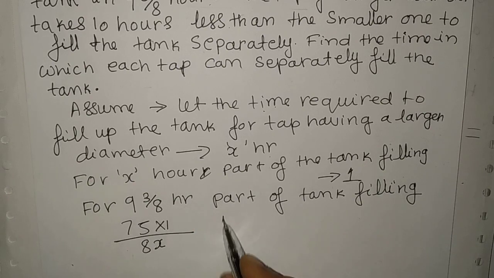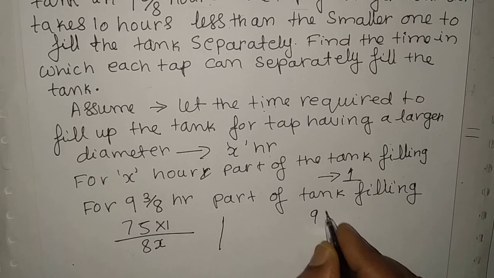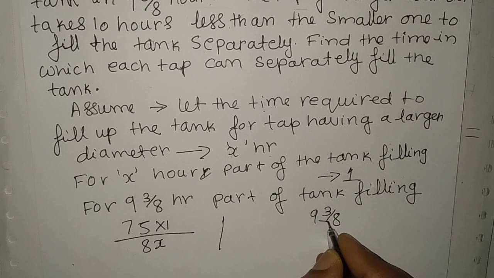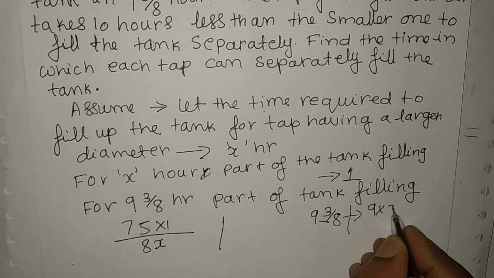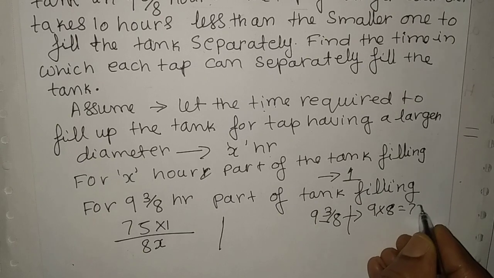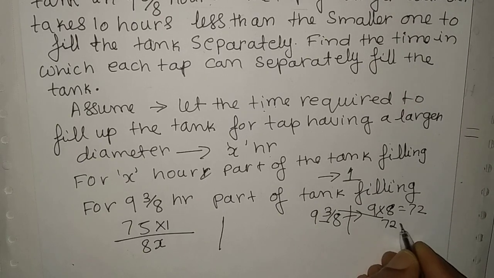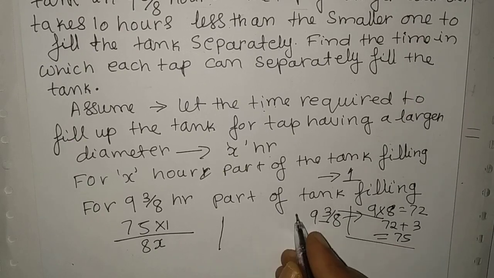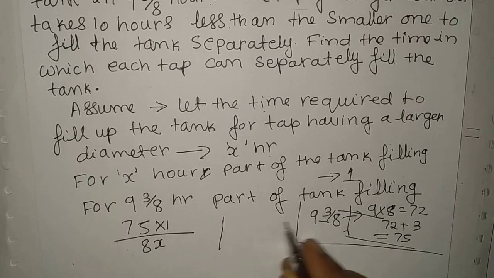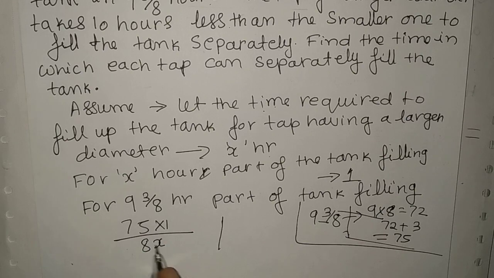So this 9 3/8 is a mixed fraction, 9 by 8. Multiply these two, that is 9 into 8 is 72, then plus 3, 72 plus 3 will become 75. This is the working, the mixed fraction can be converted into this.